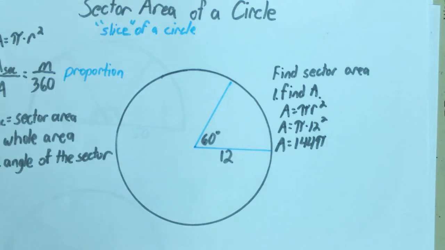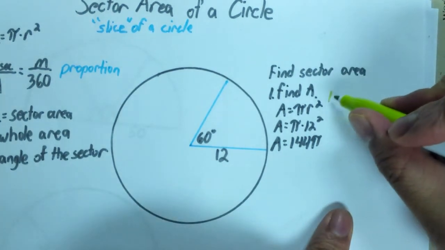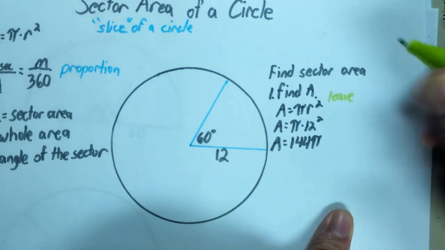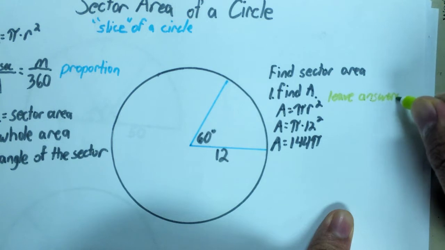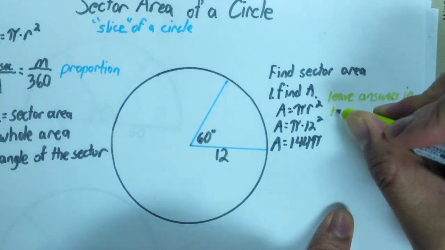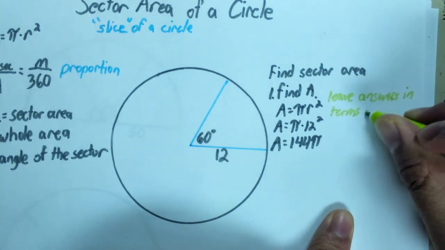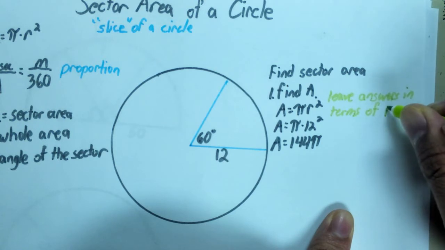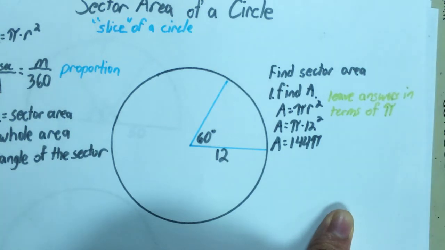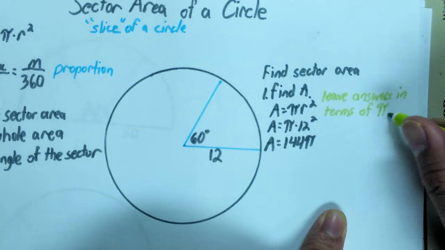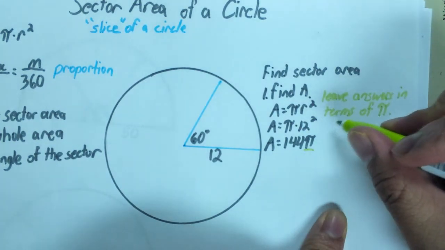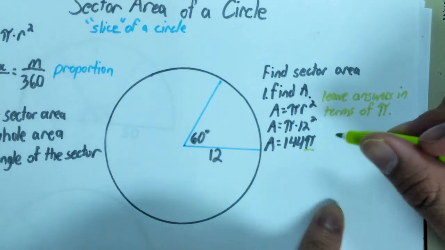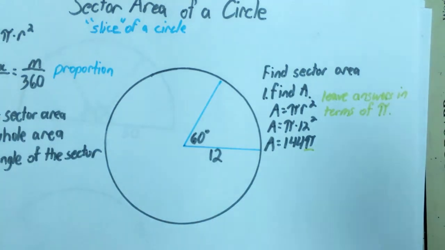Over here, let me make a note. This is what we call leave answers in terms of pi. What this means is this pi right here, we do not type in the calculator. This is what we call our exact answer.